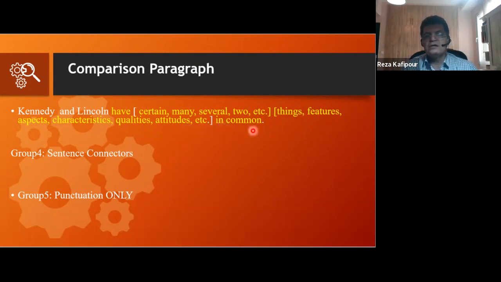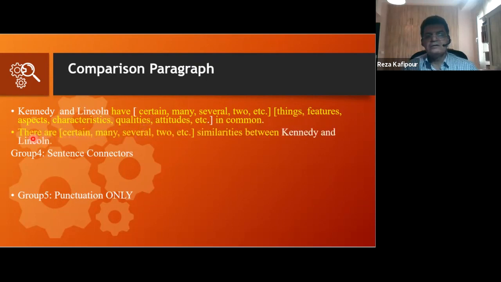And then the words in common. For example, we say, for the first one, Kennedy and Lincoln have many features in common. It is a very good structure as a topic sentence for a paragraph of comparison. After that, in each one of the major supporting sentences we will discuss one of the features that Kennedy and Lincoln have in common.